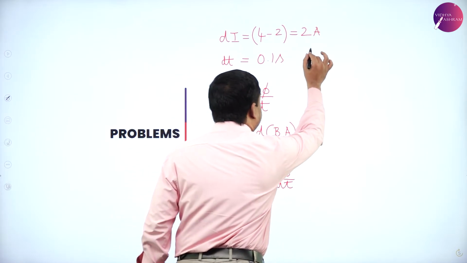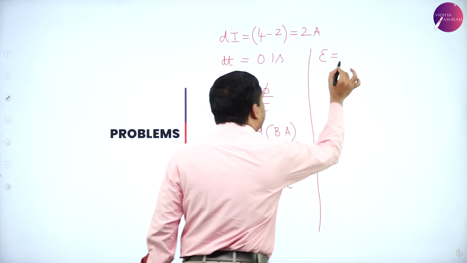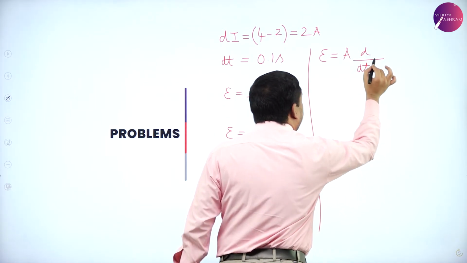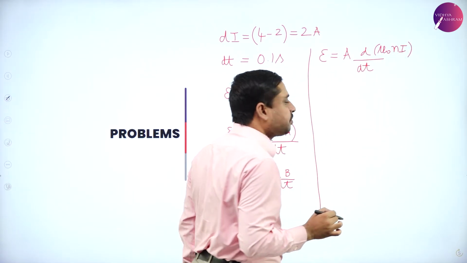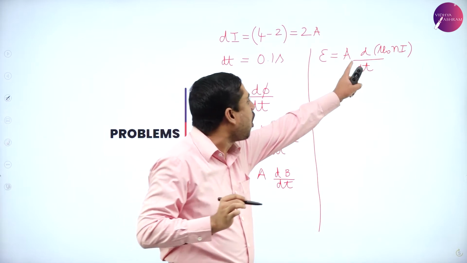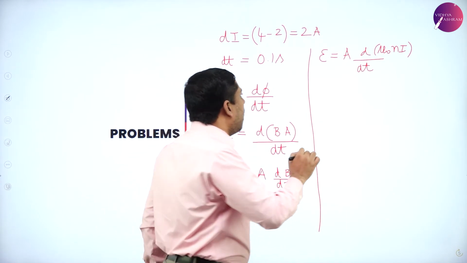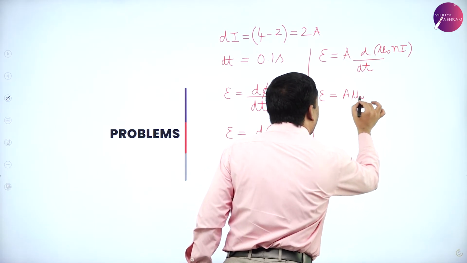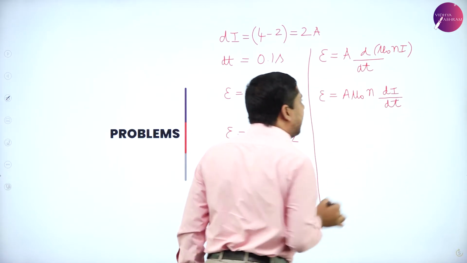And that can be written as EMF E is equal to A d by dt of mu naught N into I. The magnetic field on the axis of a solenoid is mu naught N into I. Or this therefore is A mu naught into N dI by dt.